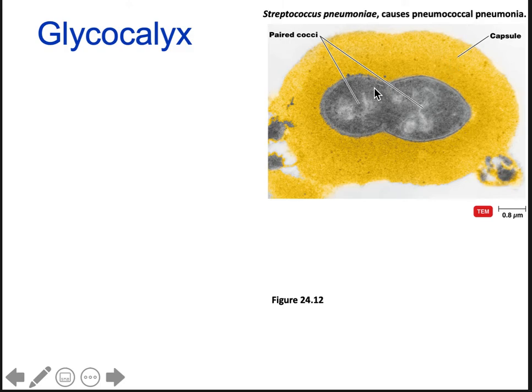Anyways, so not only do we see a pair, which is diplococci, we also see this huge barrier surrounding it. The cell wall itself is this thin layer that you see. The thick yellow portion is what we call a capsule. And a capsule is one of the types of a glycocalyx.